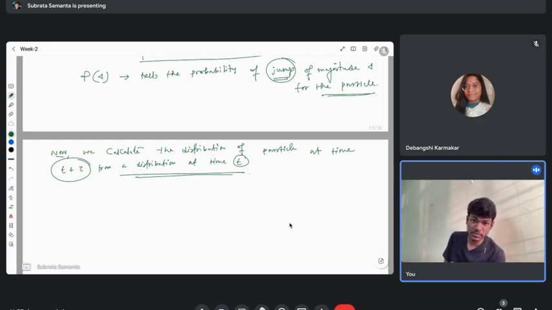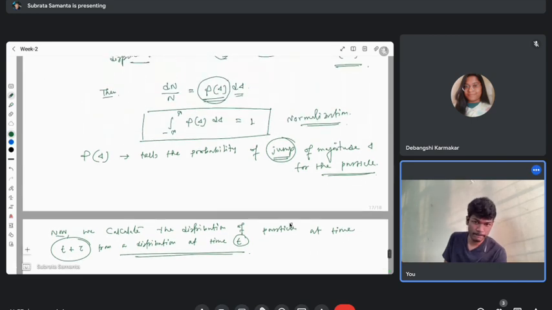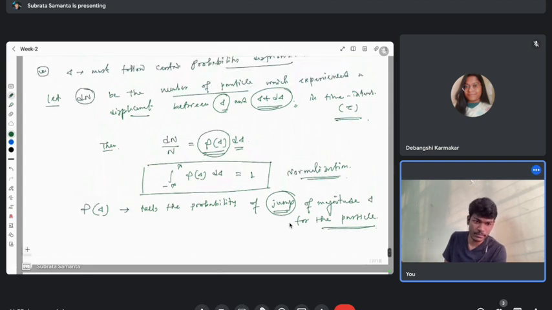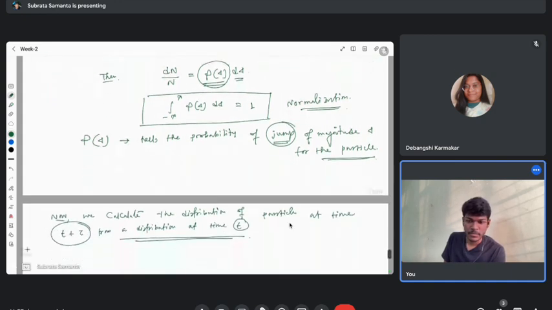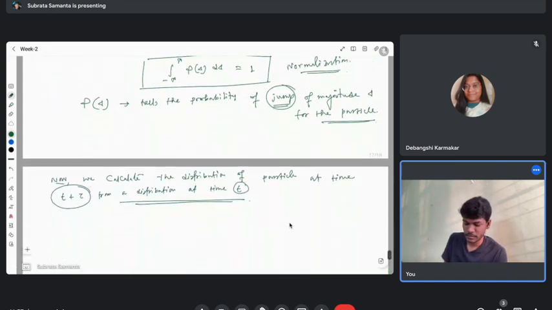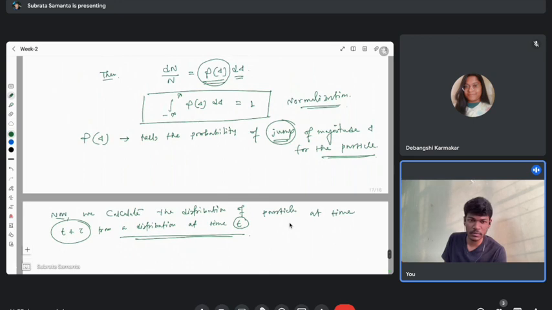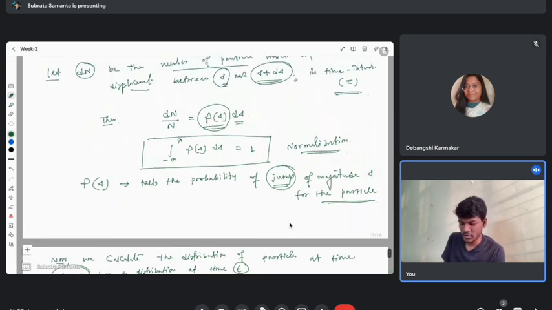So we know the distribution at time t. So this is the case at a particular time. Okay, and tau is actually the time interval. Now this time interval actually changes. So you connect this thing, what kind of extensions we have to do.